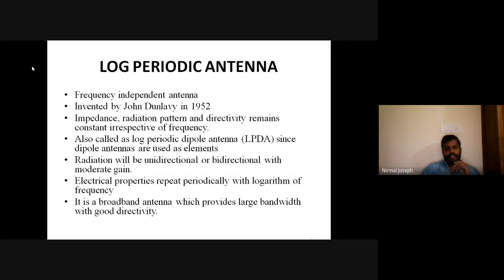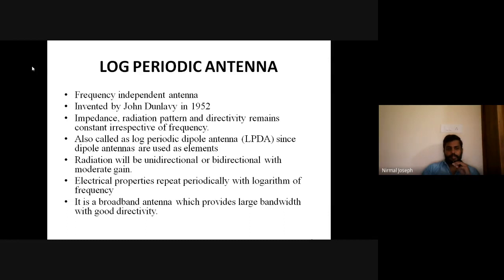We can use it for a wide range of frequencies. Frequency is not that important for a log periodic antenna, and it was invented by John Dunleavy in 1952, so it is a comparatively newer form.